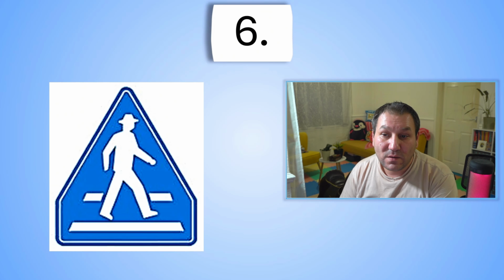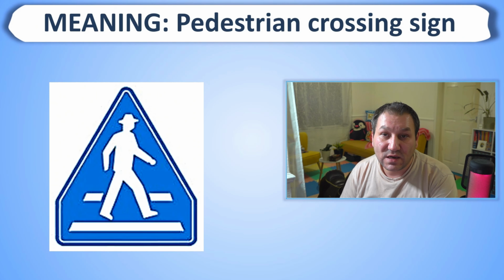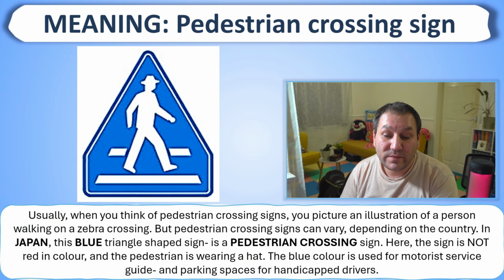Meaning pedestrian crossing sign. Usually when you think of pedestrian crossing signs, you picture an illustration of a person walking on a zebra crossing. But pedestrian crossing signs can vary depending on the country.